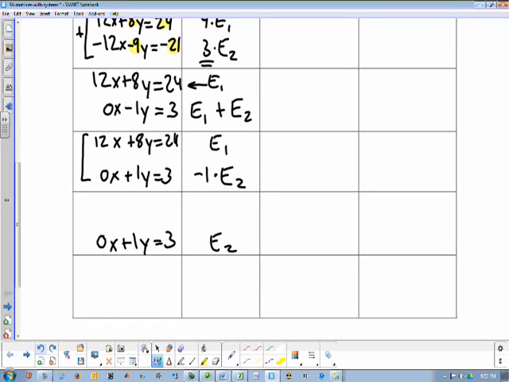Okay? And what I'm going to do now is I'd like the y's to disappear. Here we have the x's disappeared, but I would like these y's to disappear up above here.